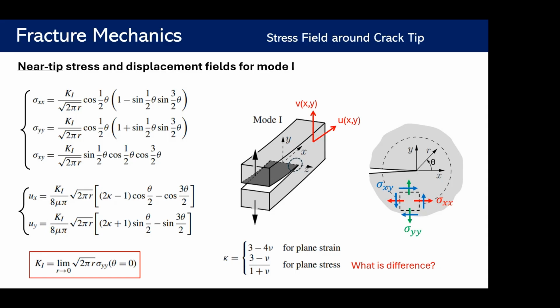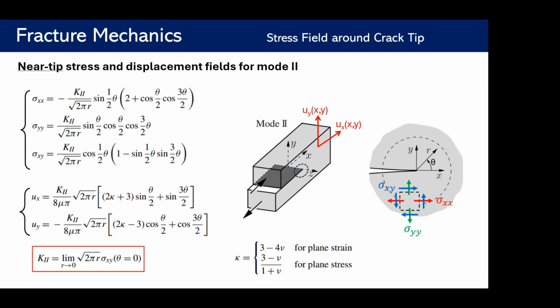I mean, the domain is extended to infinity in the Z direction. So those problems are plane strain conditions. And for the second mode we also have a similar form but with a different theta dependency. The dependency on theta for the stress field and displacement is different, but the functional form is the same.